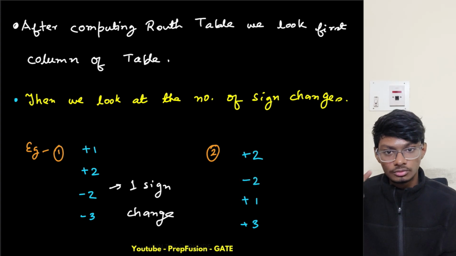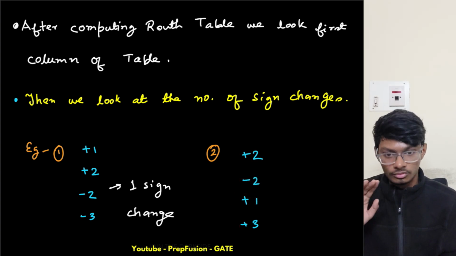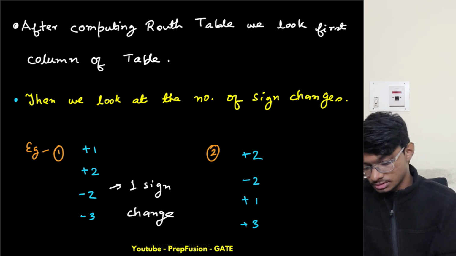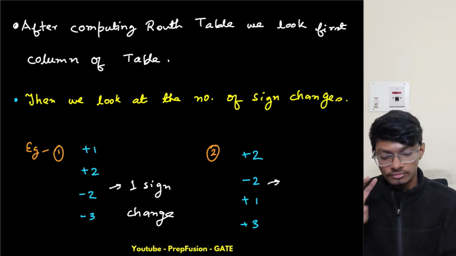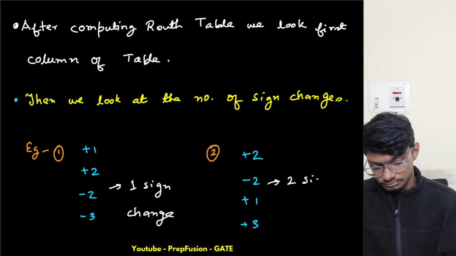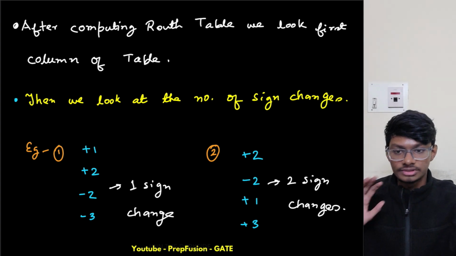So I have two sign changes. Now if I go from here to here, I have no sign change. These are positive only. So I have two sign changes.